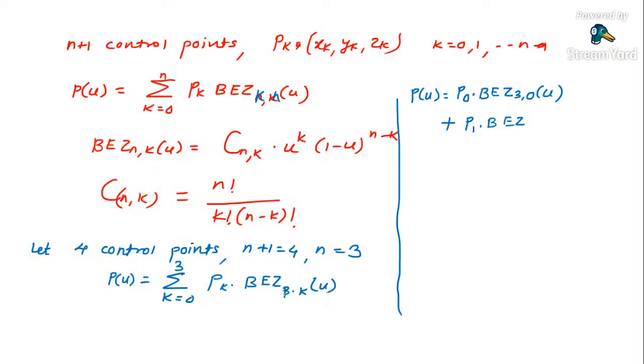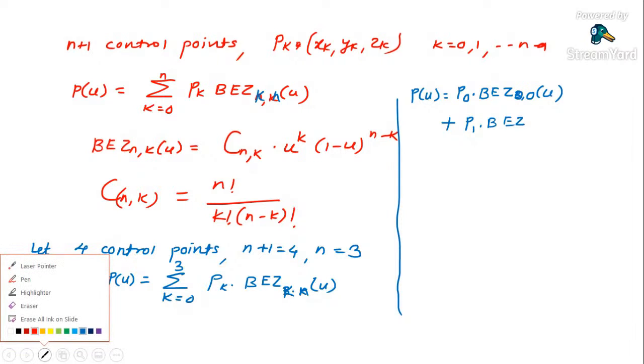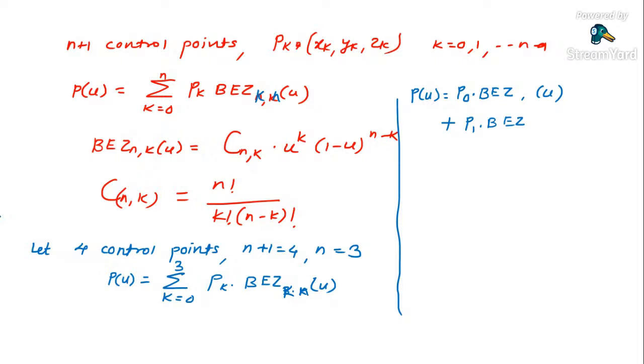First value is k and next value is n, so that it is 0 comma 3, then 1 comma 3 of u plus P2 into Bezier of 2 comma 3 of u plus P3 into Bezier of 3 comma 3 of u.